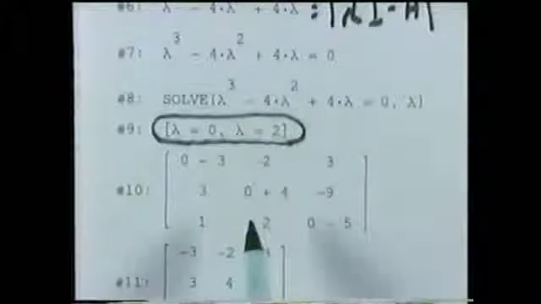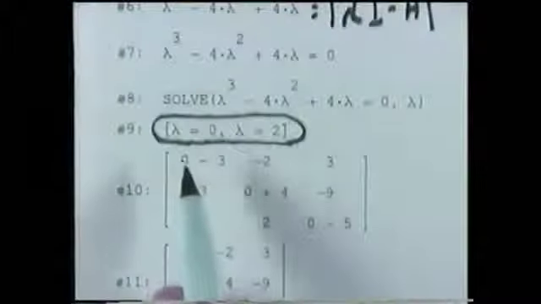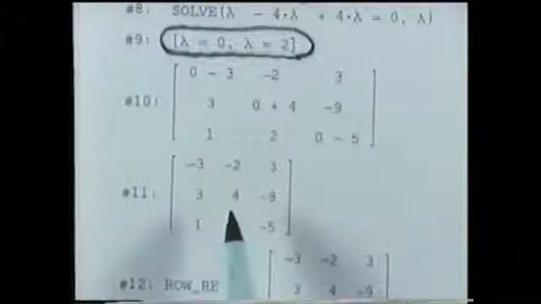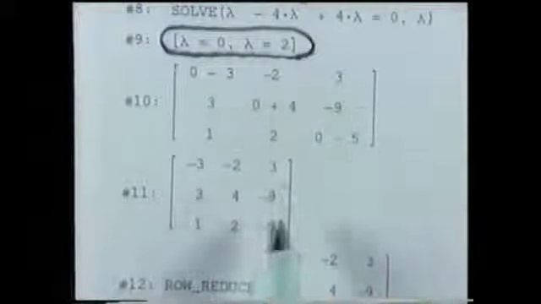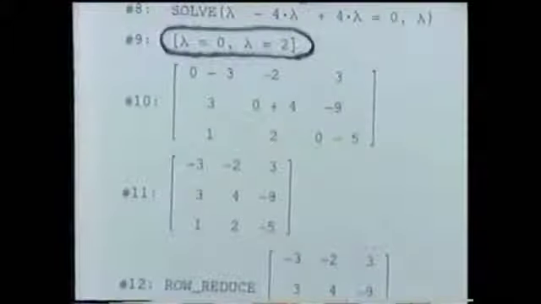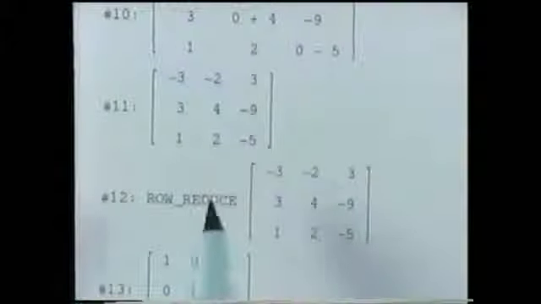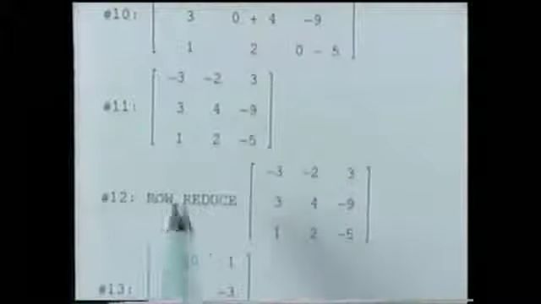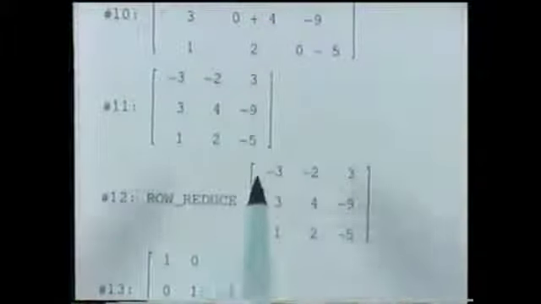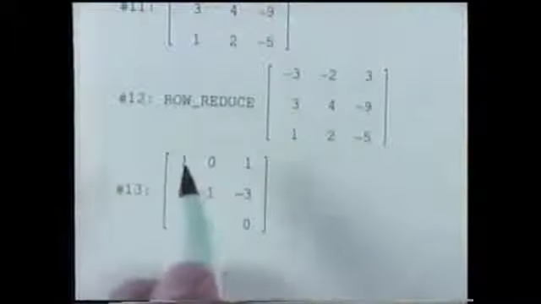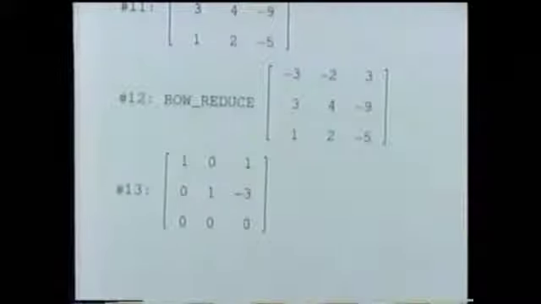And this is the response I get. Notice everywhere I had lambda, just put in 0. Then I said simplify. Well, 0 minus 3 is negative 3, negative 2, 3. 3, 0 plus 4 is 4, negative 9, and so forth. Then I told Derive to row reduce it. So I went to author, expression, and put row reduce, number 11, simplify, and you can see the response.